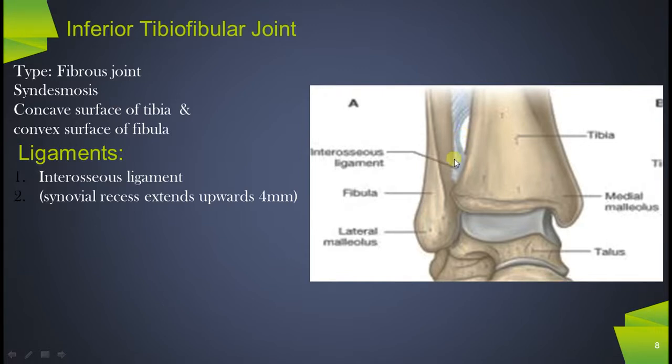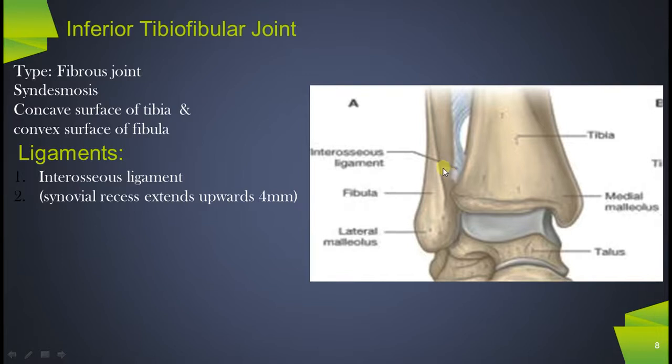Now, an outpocketing of the synovial recess from the ankle joint extends up to 4 millimeters into this inferior tibiofibular joint. Same like we have seen in the wrist joint, where a synovial recess extends into the inferior radioulnar joint. In the same way, here also a synovial recess extends upwards 4 millimeters from the ankle joint.